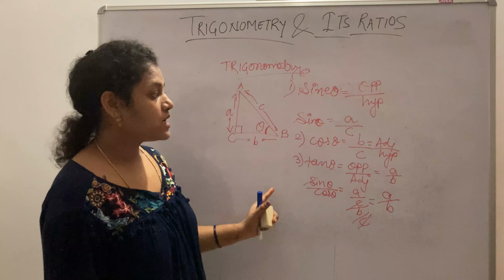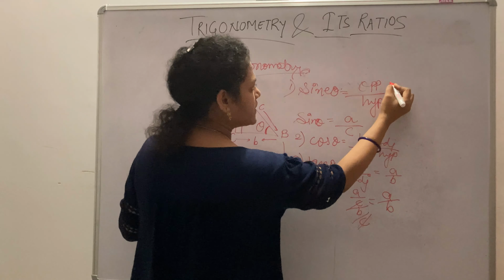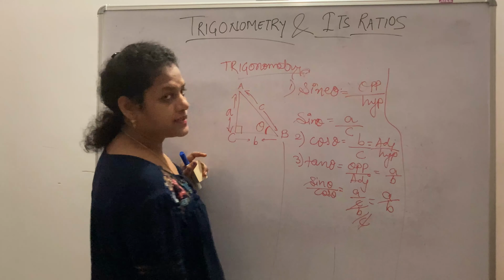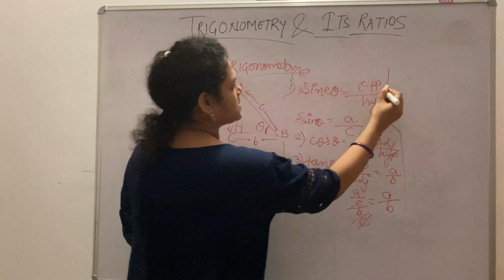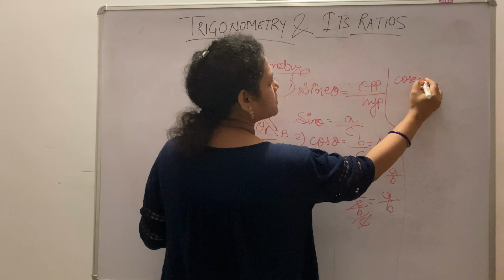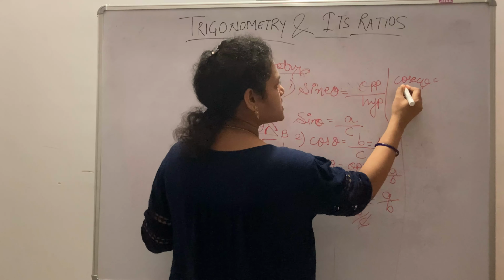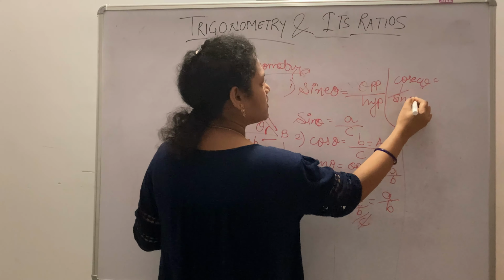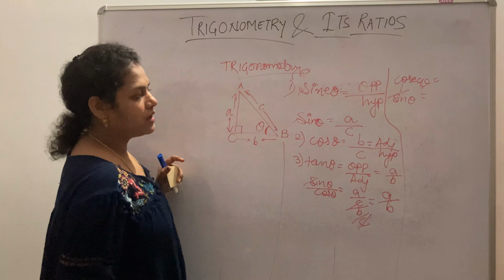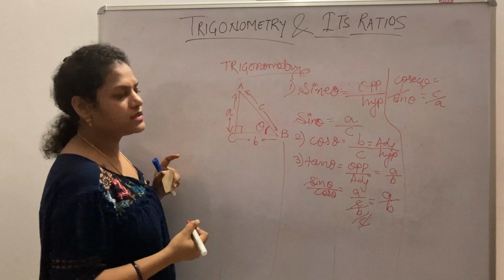But friends, 3 more are there. What are those? We'll see. See friends, the reciprocal of sine theta is cosec theta. That is 1 upon sine theta, which means cosec theta, and the reciprocal of A by C means C by A, right?